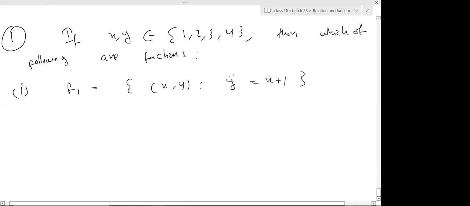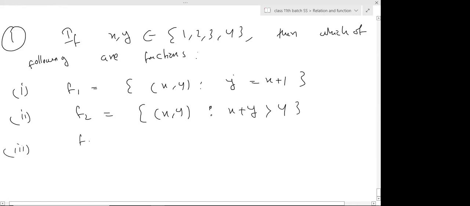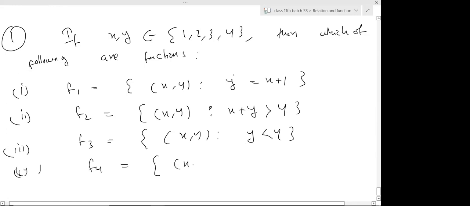Here y is from set B, x is from set A. F2 is (x, y) such that x plus y is 4. F3 is (x, y) such that y is less than x. F4 is (x, y) such that x plus y is equal to 5. You have to tell me which ones are functions and which are not.